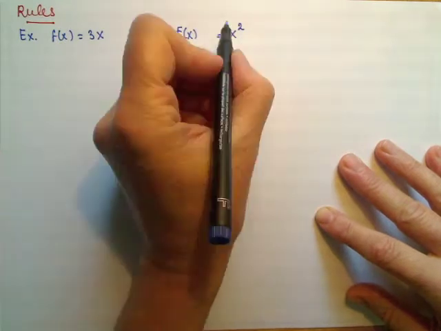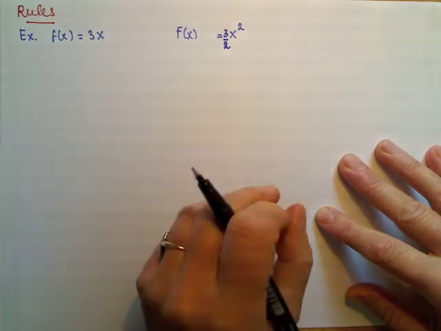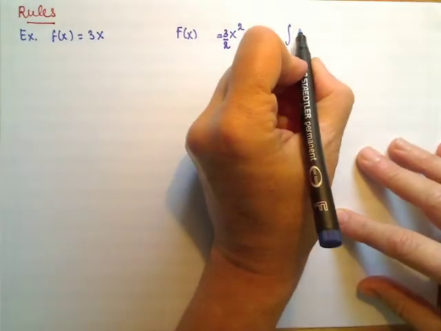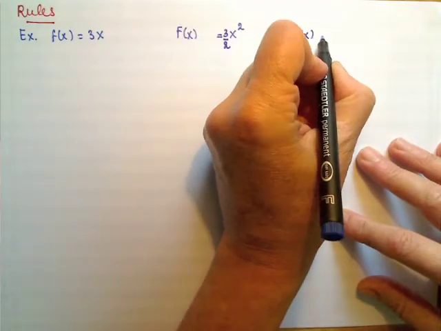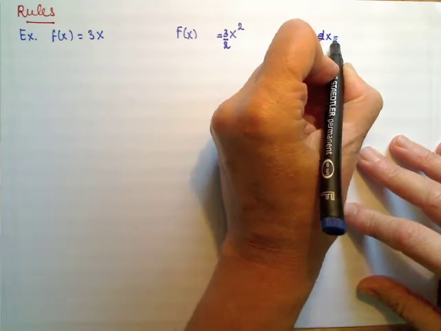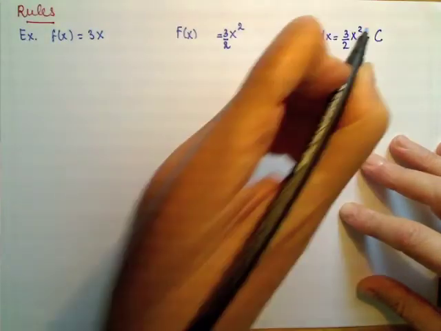We have 3, so we have to multiply by 3 over 2. Now, if we look at the collection of all primitives of the function 3x, then we have this one particular function, 3 over 2 x squared, plus an arbitrary constant.